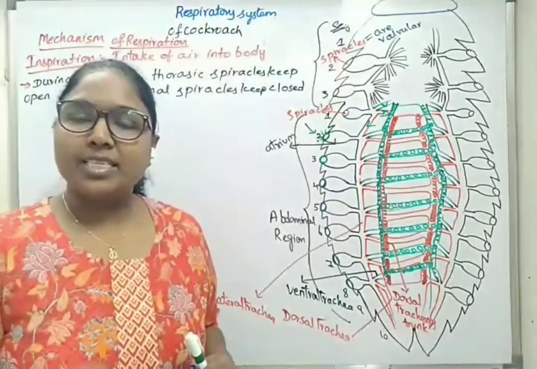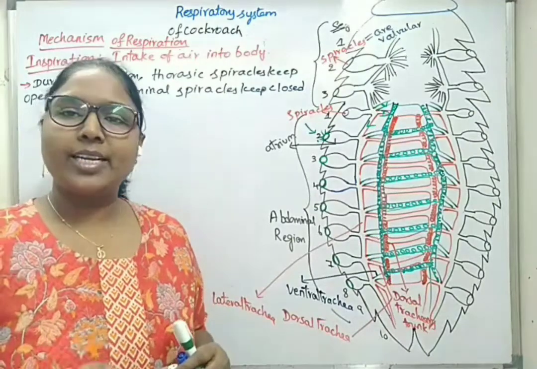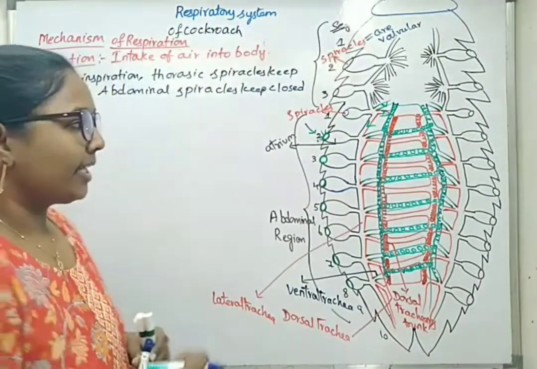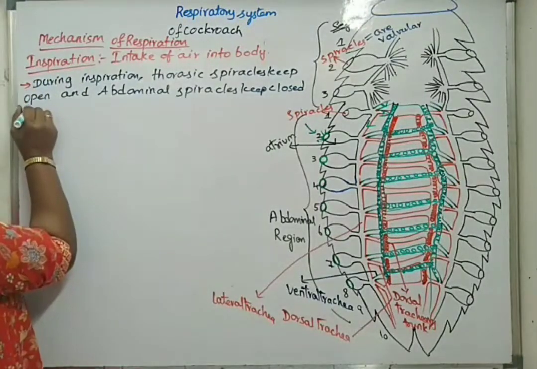The muscles that are specially responsible for contraction and expansion during respiration in cockroach are called as tergosternal muscles.